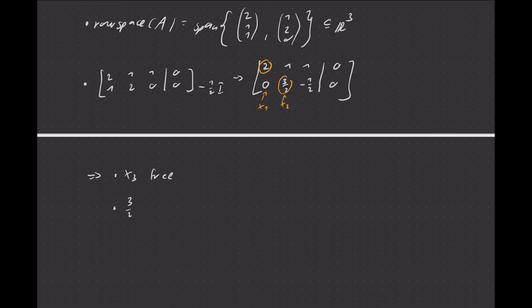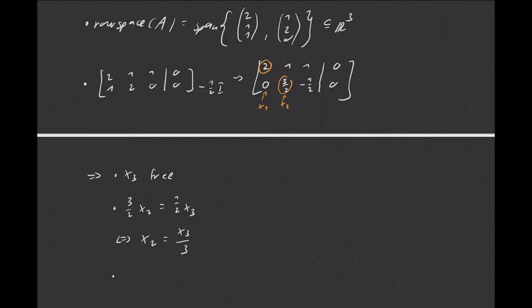The second row gives us the equation 3 over 2 x2 equals 1 over 2 x3. So that means x2 is equal to x3 over 3.